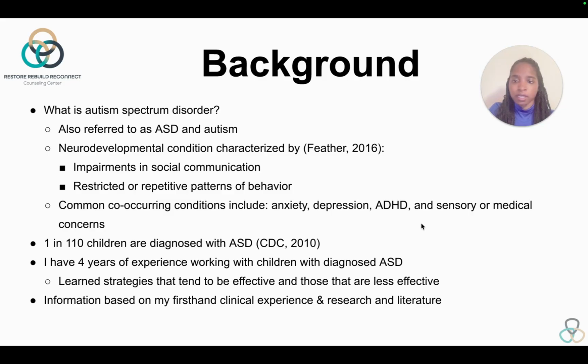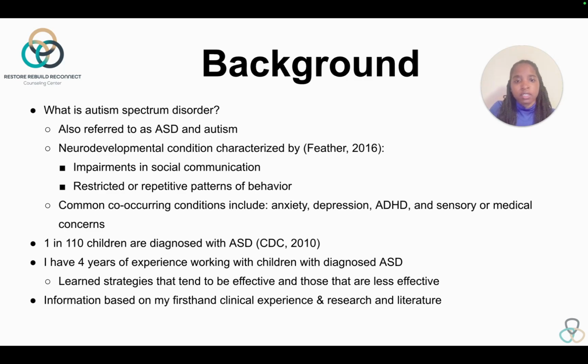Okay, so to begin with a little bit of background information, what is autism spectrum disorder? It is also referred to as ASD and simply as autism. Throughout this presentation, I'm just going to be referring to it as autism, but they are all interchangeable.